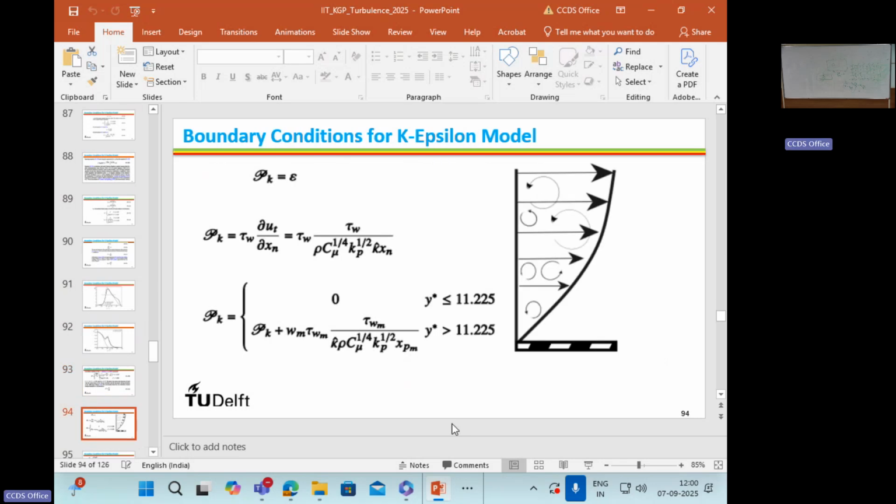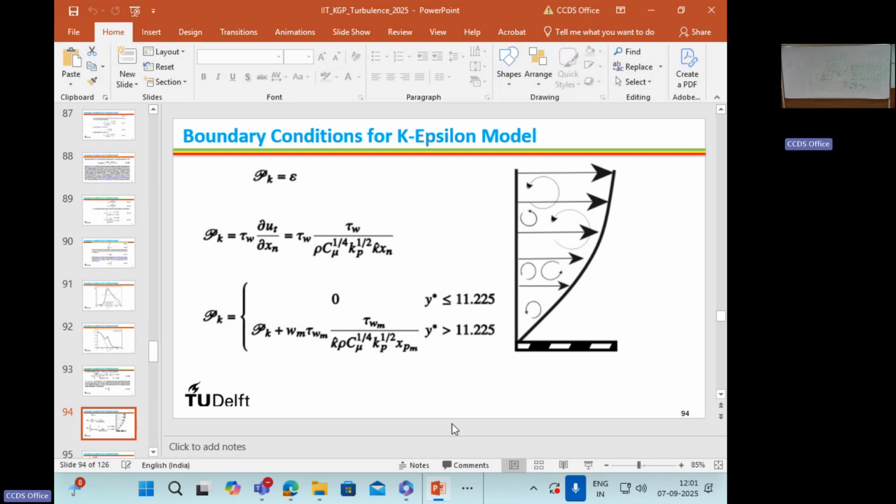To do that, near the wall region, we have to come to the production. All other terms vanish because of the low velocity. If you go to the viscous sublayer in the governing equation, the velocity vanishes close to the wall, the no slip condition prevails and velocity is extremely small, right? The production should be matched with the dissipation close to the wall in the viscous sublayer.